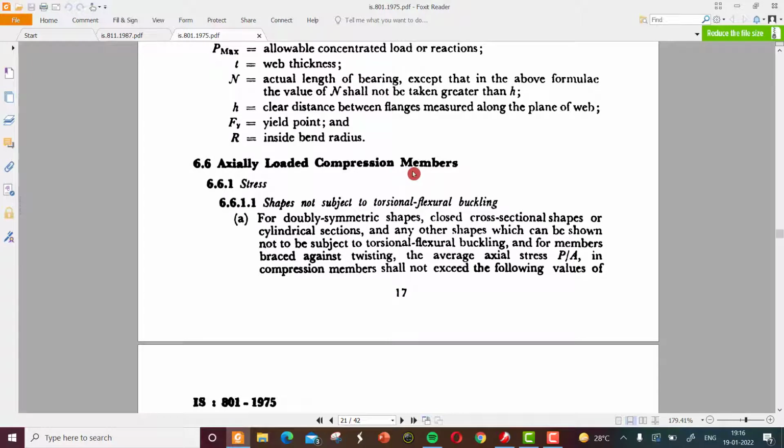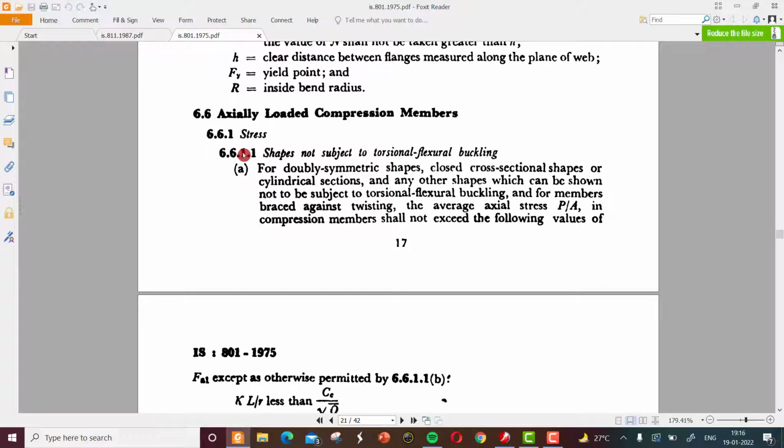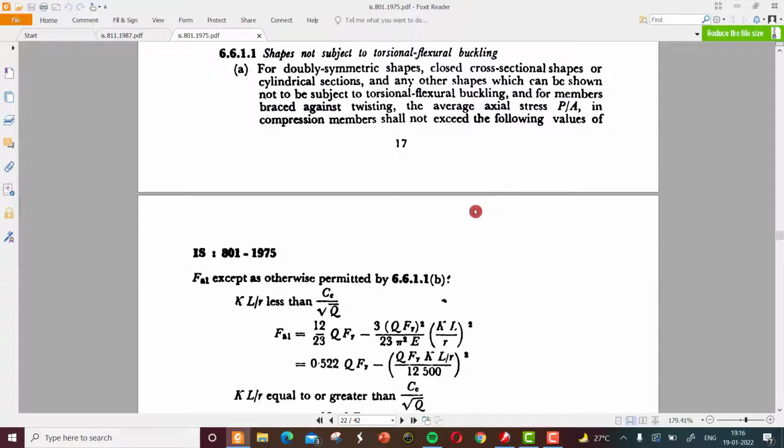And axially loaded compression member, again like section number 6 was on the design stress, and 6.6 is actually the equations for axially loaded compression members. And 6.6.4.1 is on shapes not subjected to torsional flexural buckling.